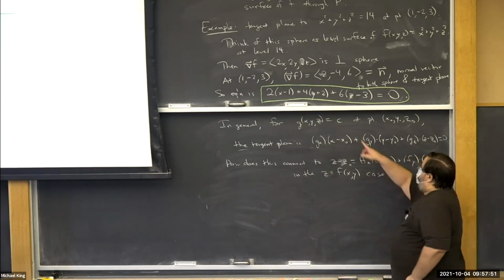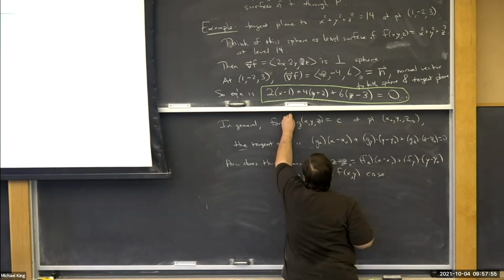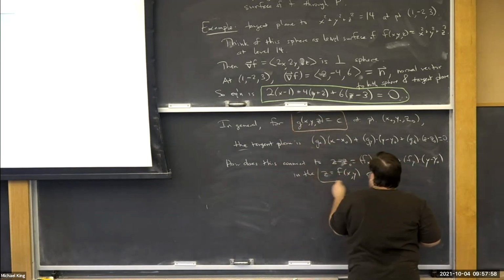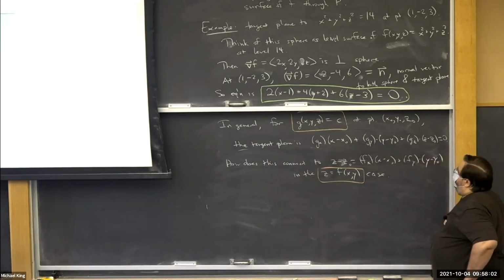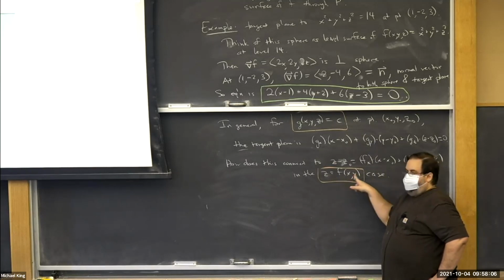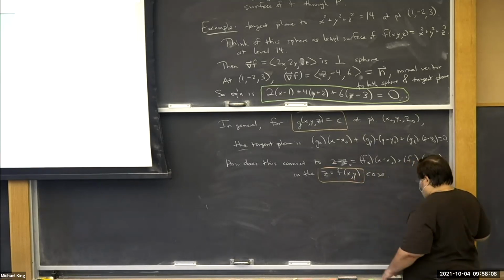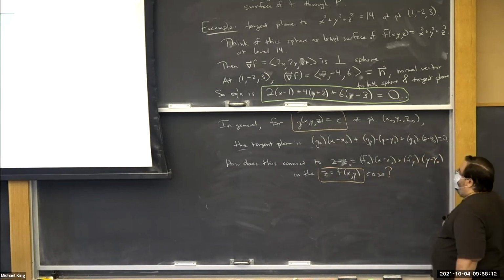That's why I renamed this G, to think about the difference between these two situations. Either G is a level surface of a function of 3 variables, or z is a function of 2 variables. So how does this connect? I should put a question mark there. It's a question.